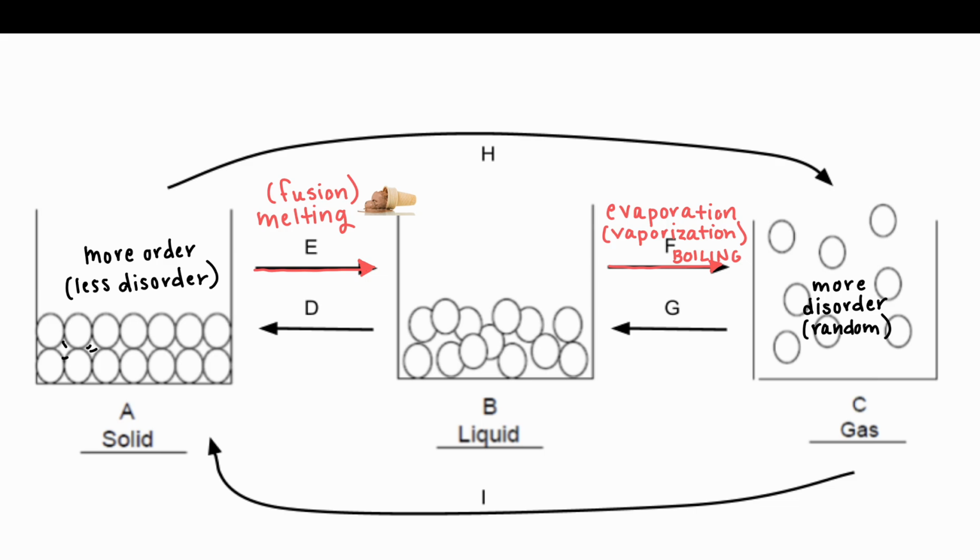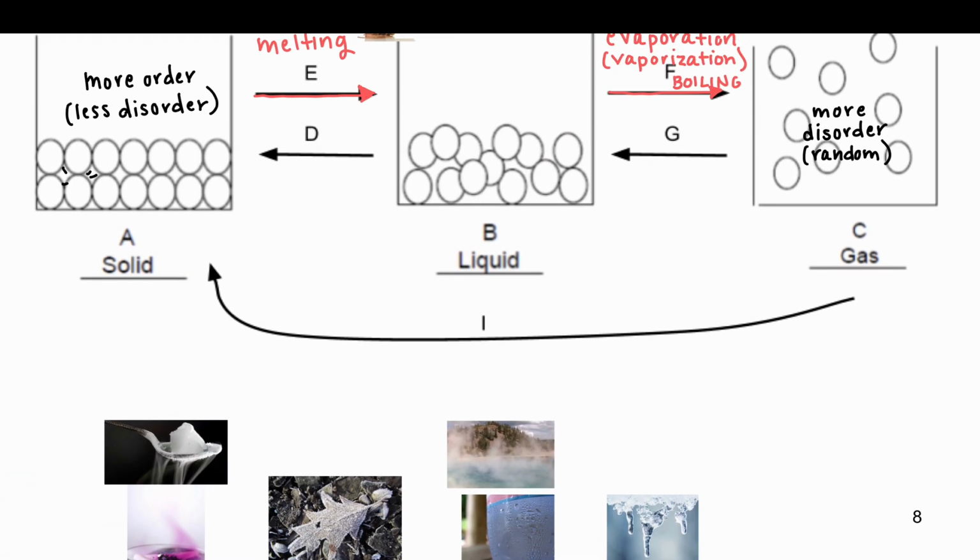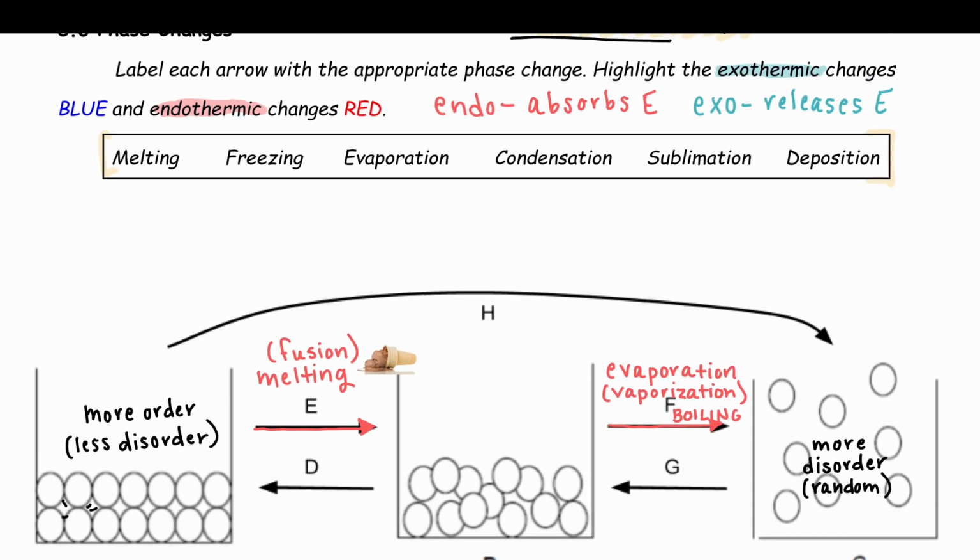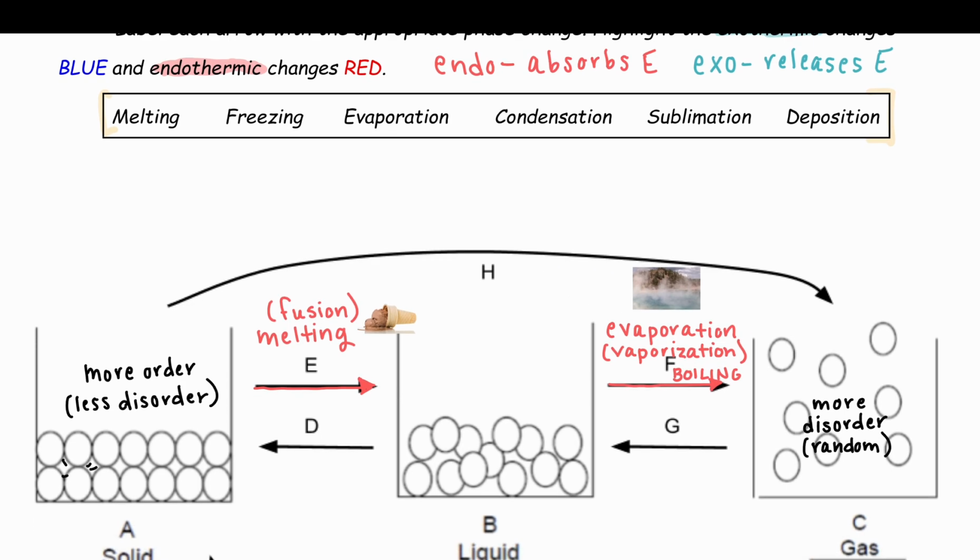Boiling would be that substance going from a liquid to a gas. The picture I have here is from some sort of hot spring, and that liquid water in that lake is evaporating into a gas, into water vapor.